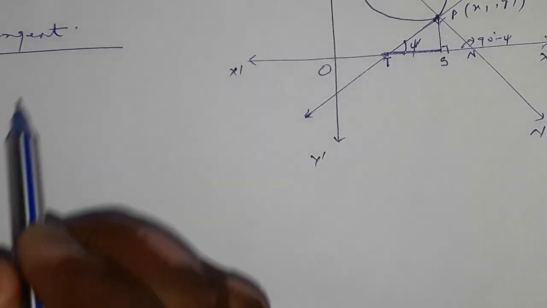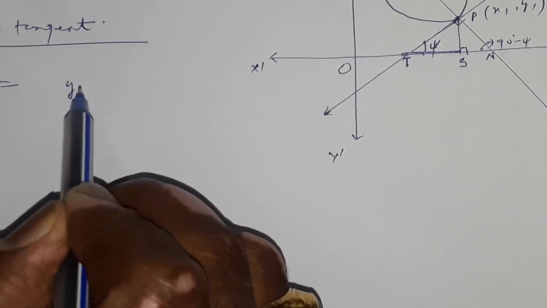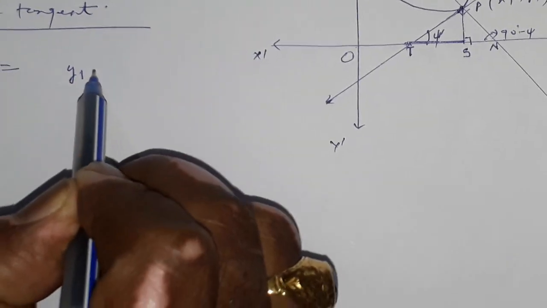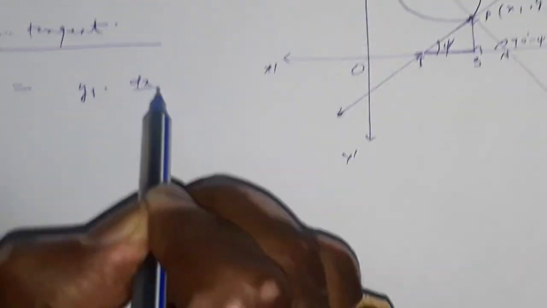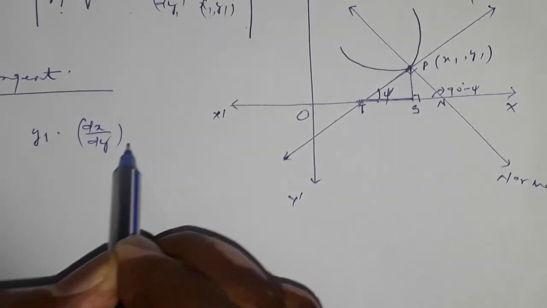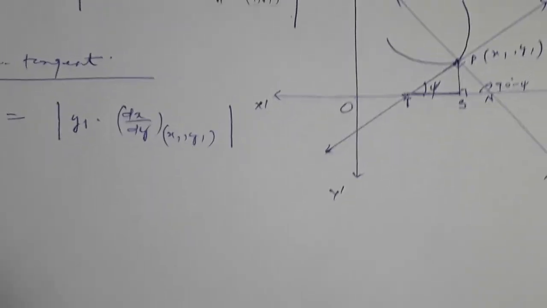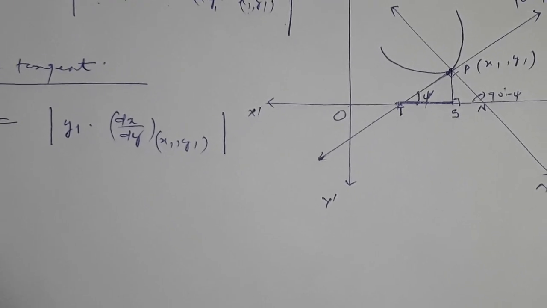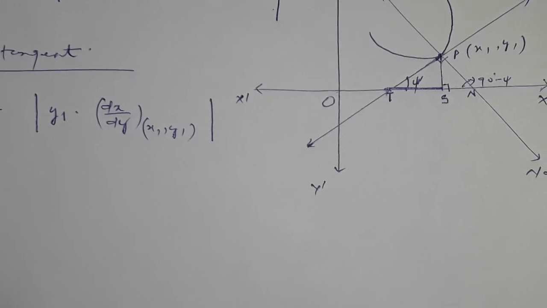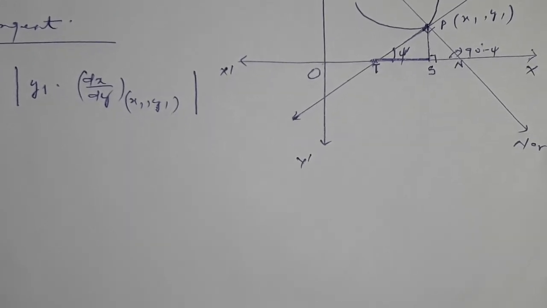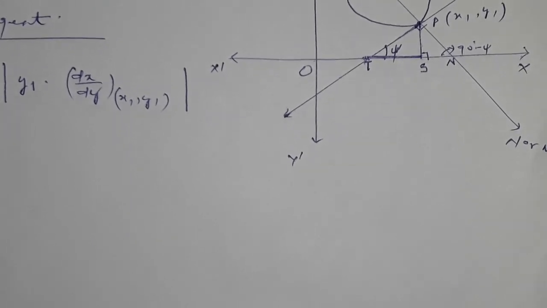So TS equals |y1 times dx/dy at (x1, y1)|. So the subtangent TS equals the modulus of y1 into dx/dy at (x1, y1).